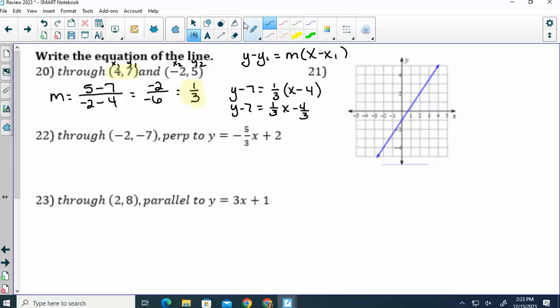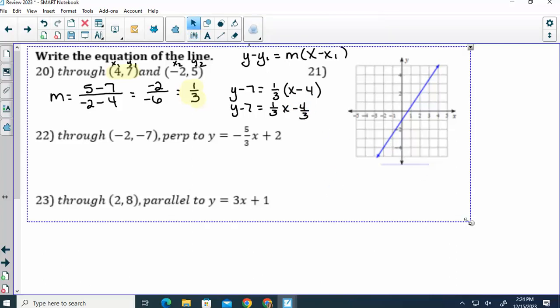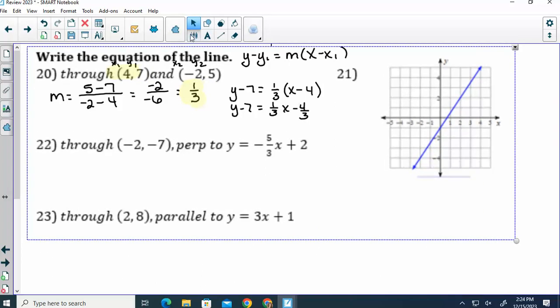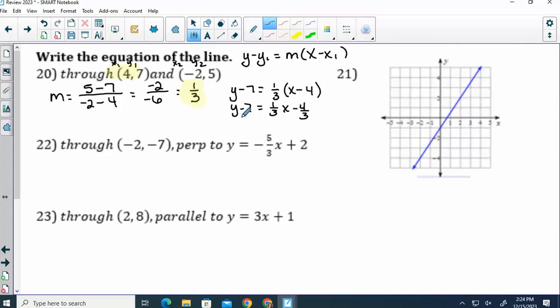I didn't leave myself enough room. What do you do now? So you get y equals 1/3 x, -4/3 plus 7.